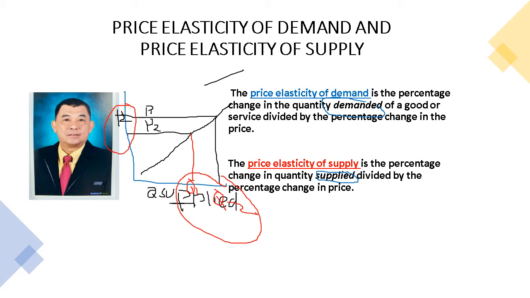They are elastic, inelastic, and unitary. Elasticity can be described as responsiveness. When we say elastic, we term it in economics as the responsiveness of the consumer to react to the change in price.